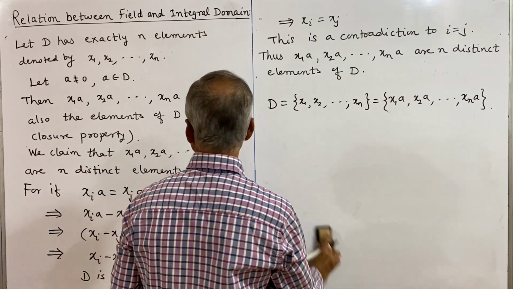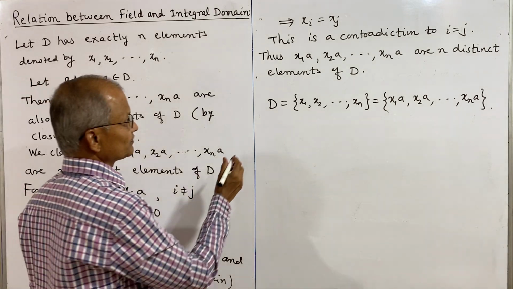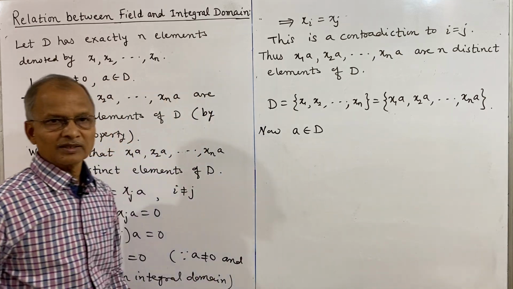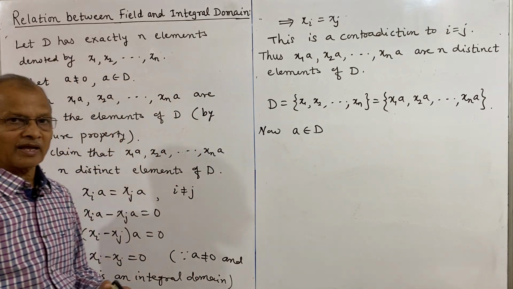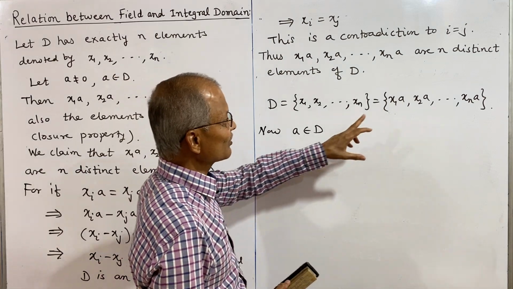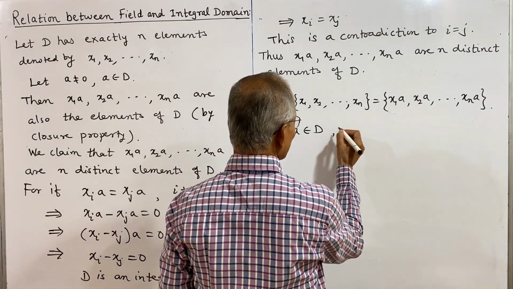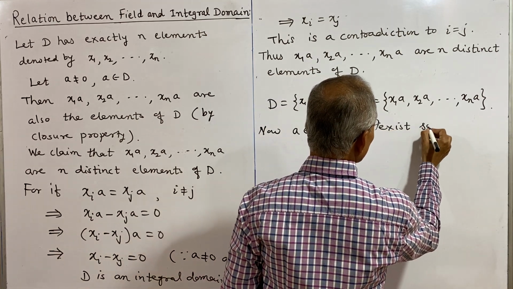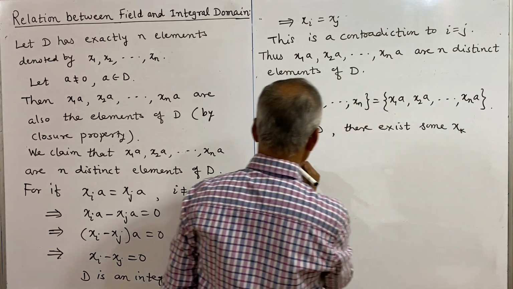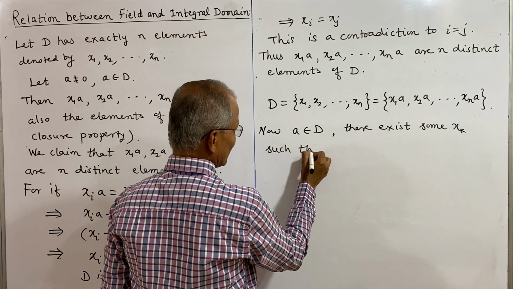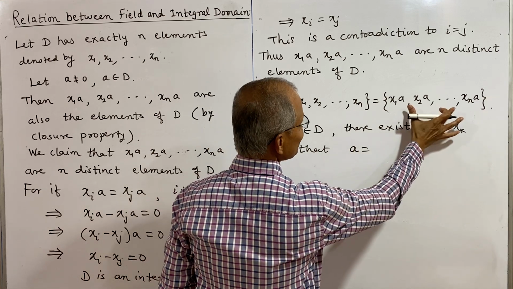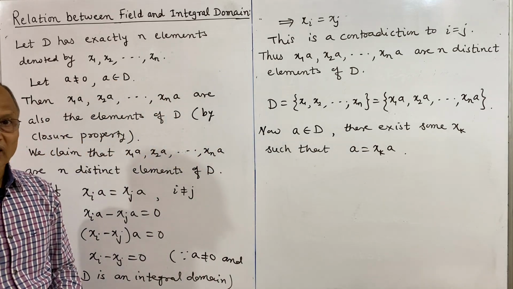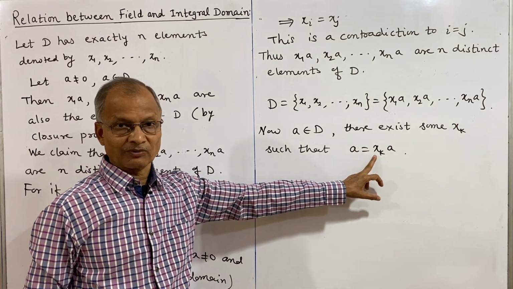Now what we have is A is in D. Now A belongs to D, therefore there exists some x, we will denote by xk, such that A is equal to xk into A. A is one of these, that means xk into A. Now we shall claim that this xk is the unit element, that is 1.